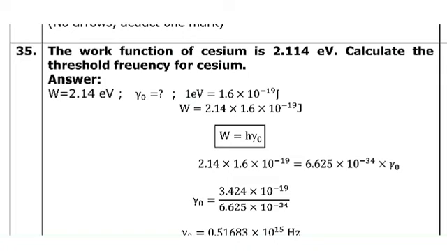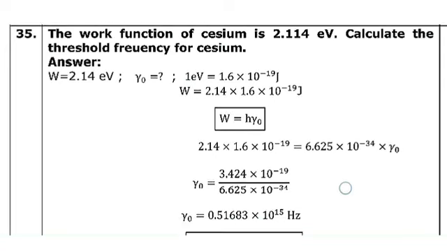We know that 1 electron volt is equal to 1.6 into 10 to the power minus 19 joule. I have this work function value in electron volt, so I'll write W is equal to 2.14 into the 1 electron volt value.